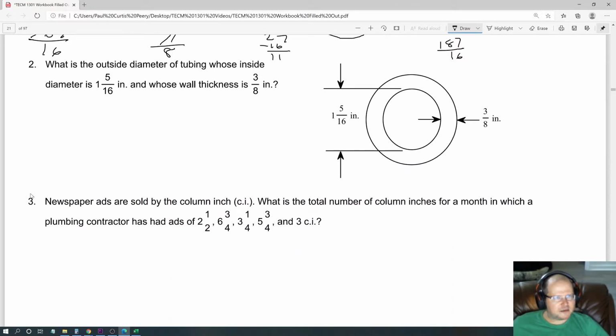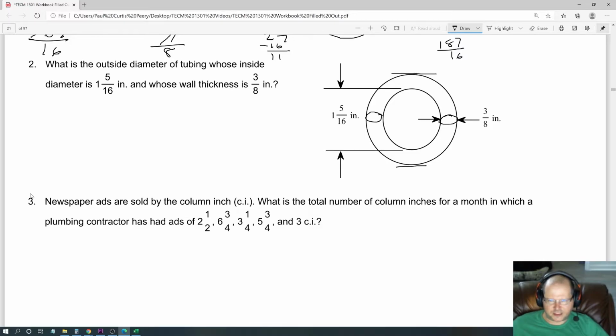So what is the outside diameter of a tube whose inside diameter is 1 5/16 inch and whose wall thickness is 3/8? Okay, so we know that this thickness right here is 3/8. Now to get the diameter, we have to add that in twice, right? It would be on the top and on the bottom.